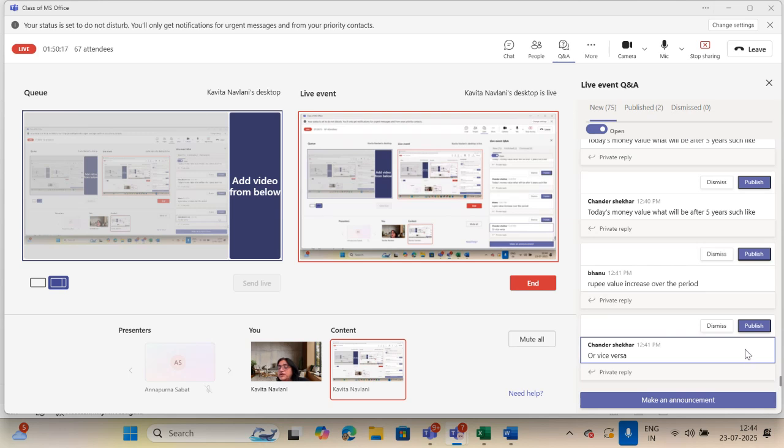These are very important things in our field, because we are cost and management accountants. We have to do these types of calculations regularly, and we should learn them.